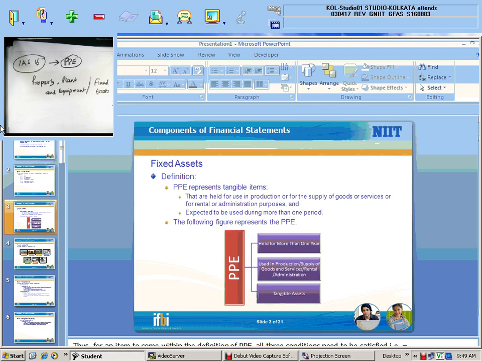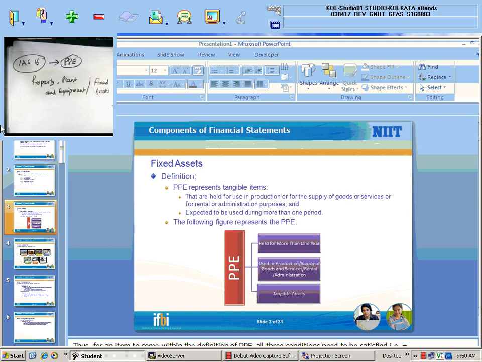A company or an entity holds those property, plant and equipment, or fixed assets, for use in production or for the supply of goods or services, or for rental or for administrative purposes. And the second thing is very, very important relating to PPE. This kind of asset is expected to be used during more than one accounting period.